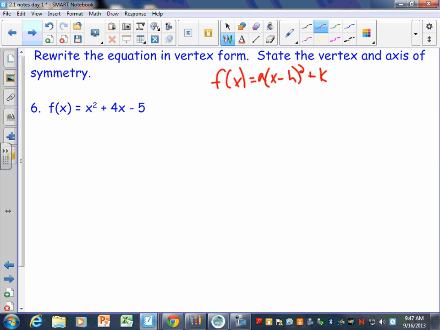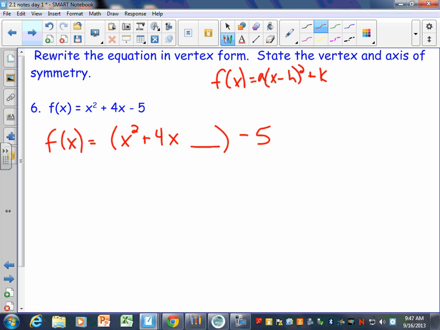But there's nothing to add it over, so it's kind of like we just stick it down at the end. So when I do this, I'm going to group together my x squared and my 4x, leave a spot to complete the square, and just kick that minus 5 out here to the end. Because you can't add it to f of x, it's just f of x over there.